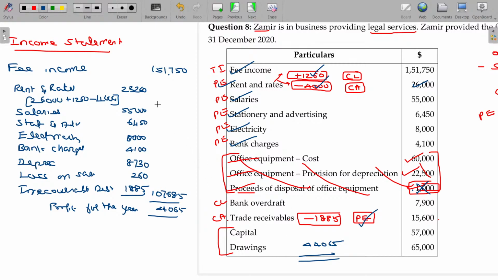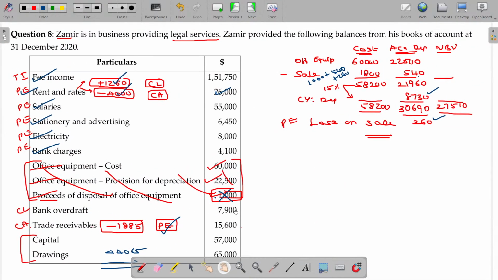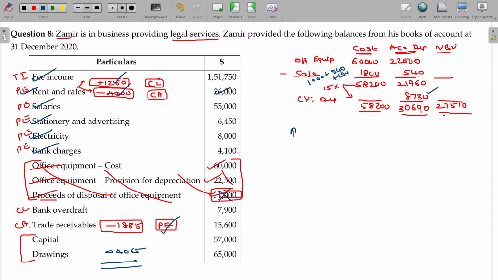Okay. Now let's move on to the next one, the financial position statement. To make it short, I will directly go for the assets. In assets, we have non-current assets being 27,510. As the elaborated information is already posted, I just take the final value here.